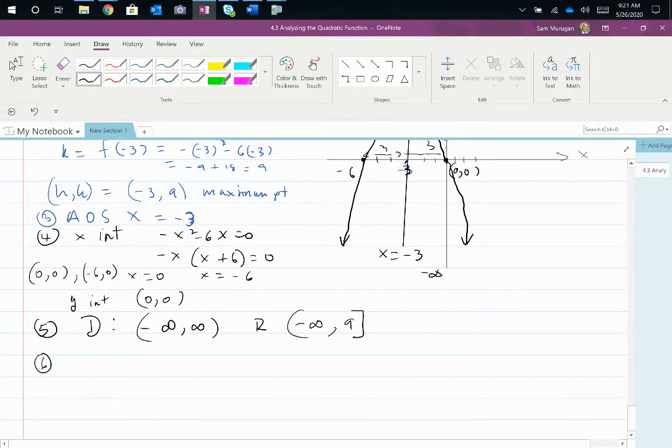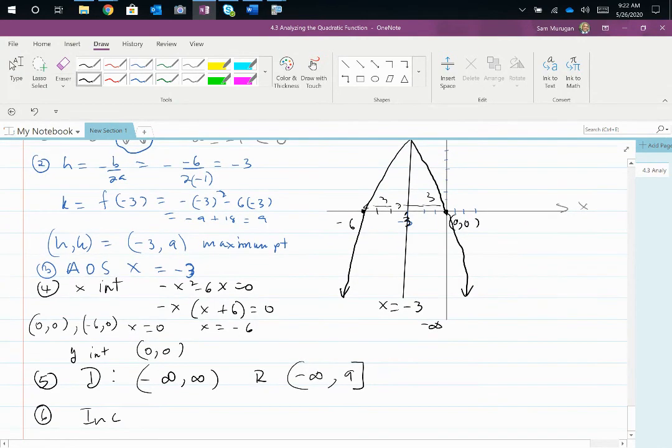The graph is increasing. Remember, we decide increasing as we move from left to right. So increasing up to -3, and then it's decreasing from -3 to infinity.